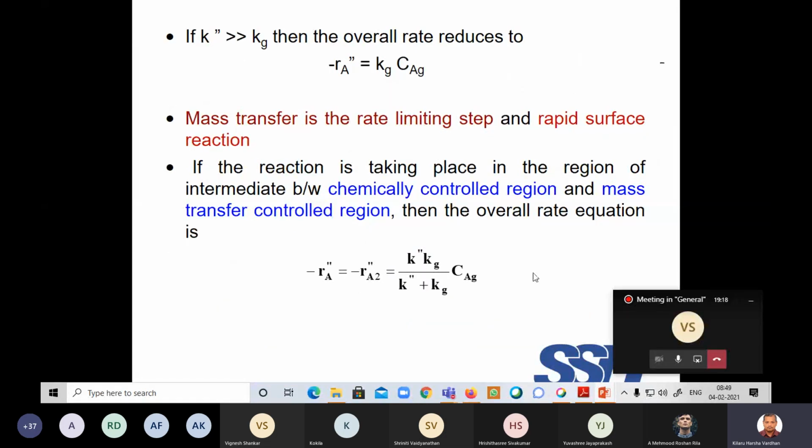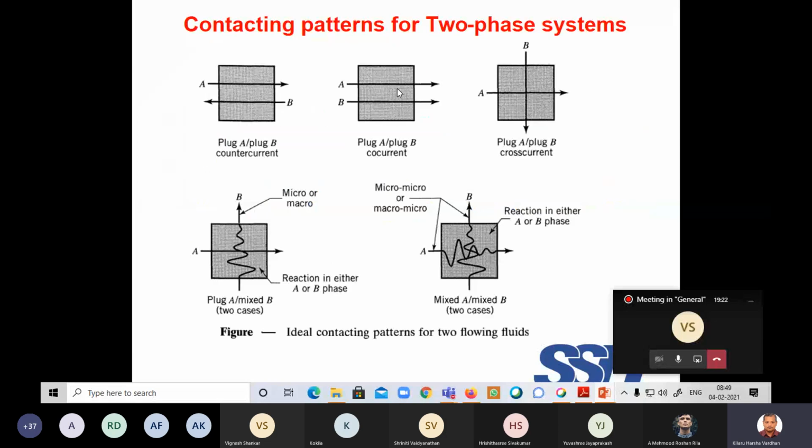Now we understood this. Last class we were discussing the contacting patterns. It can go either as plug flow or mixed flow. We know that in plug flow there is no mixing, whereas in mixed flow there is mixing.